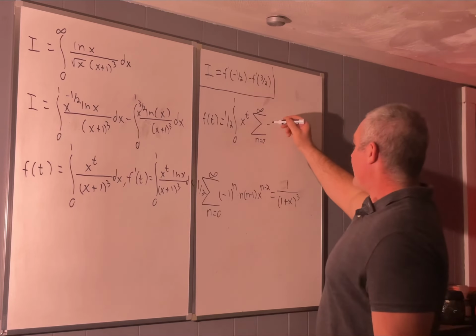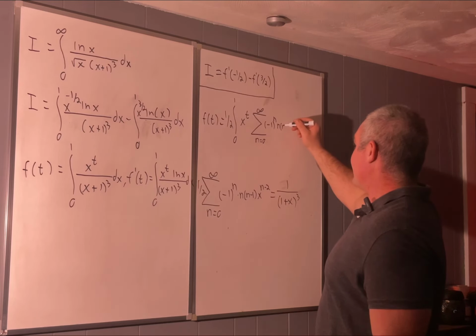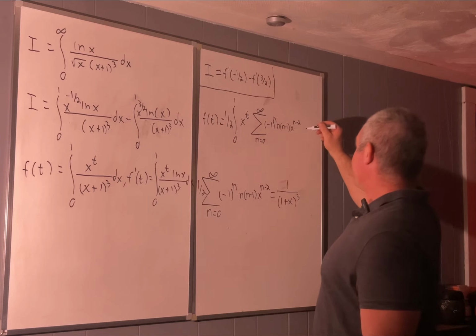So we have negative 1 to the n times n times n minus 1 times x to the n minus 2, and then all of that dx.